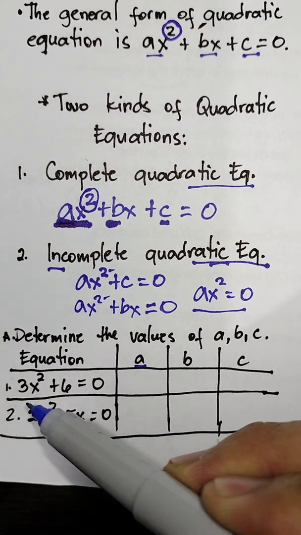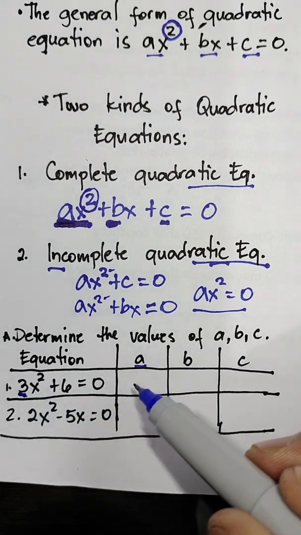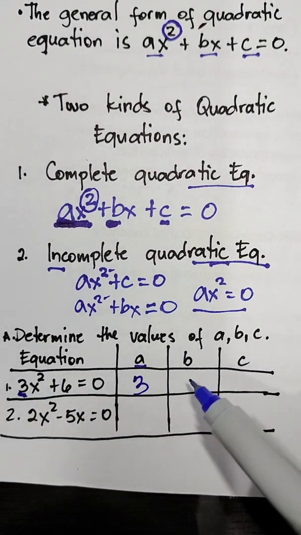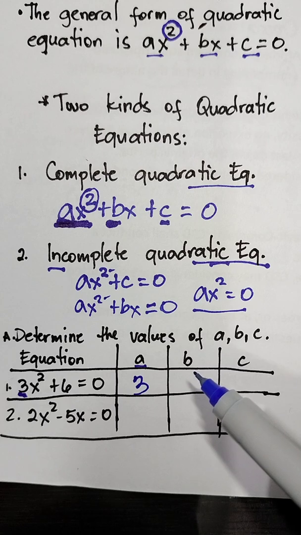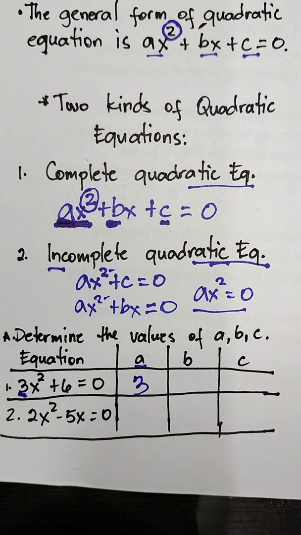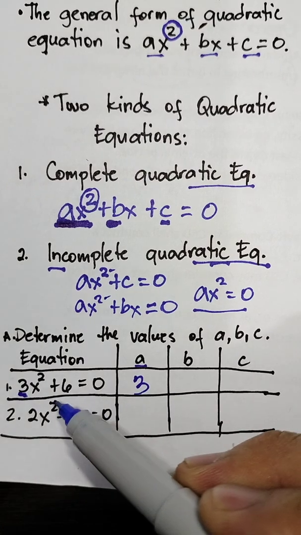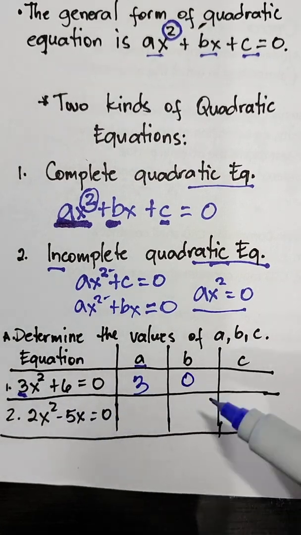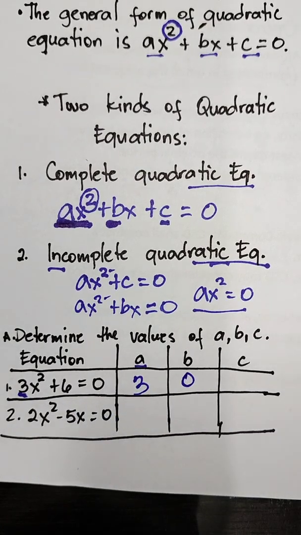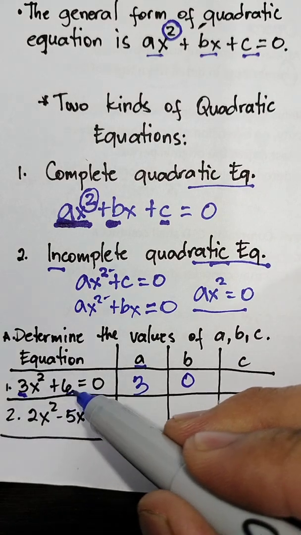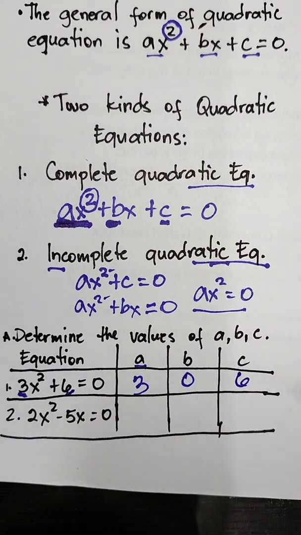So the value of a is 3. How about b? b is the linear coefficient, the one with the variable x. There is none, so that is 0. And c is the constant, so that is positive 6.